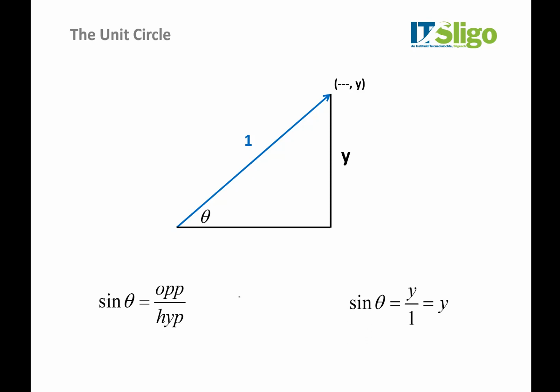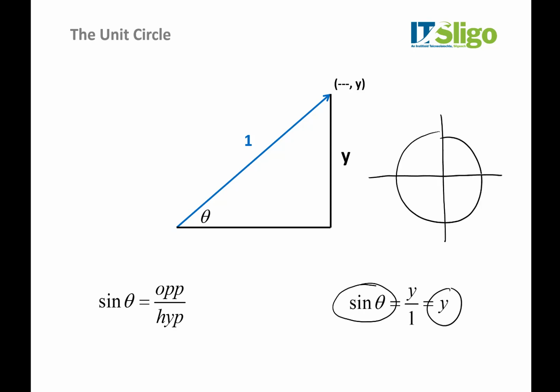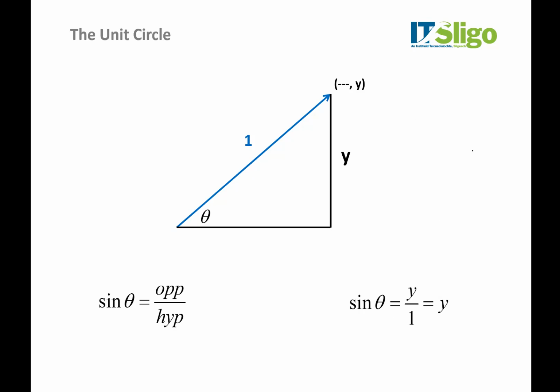So the sine of theta, in order to describe the sine wave, we only look at the y coordinate of a point as it travels around the circle. And that's what we're going to do next, but we're only interested in the y values as it travels around a circle.